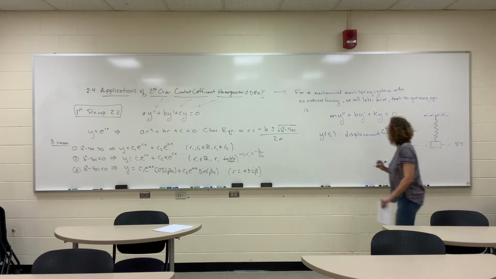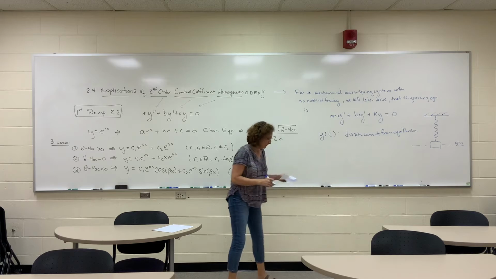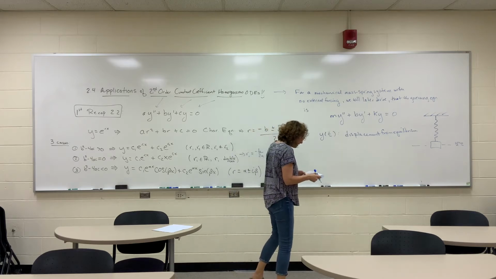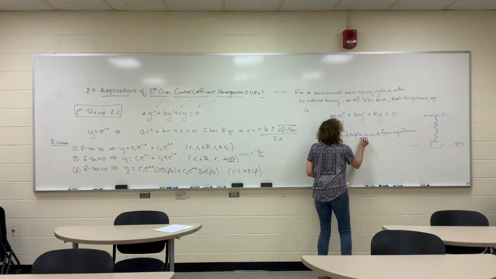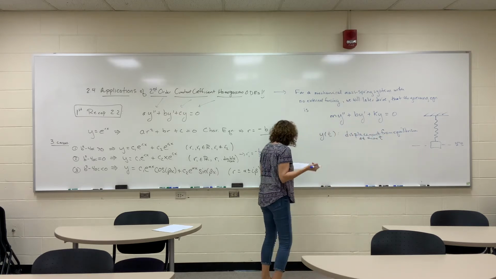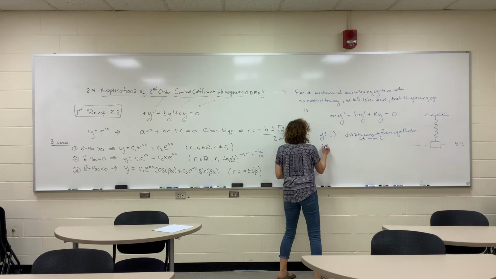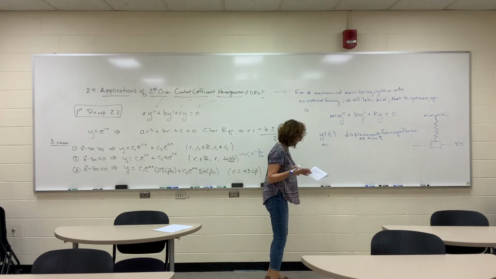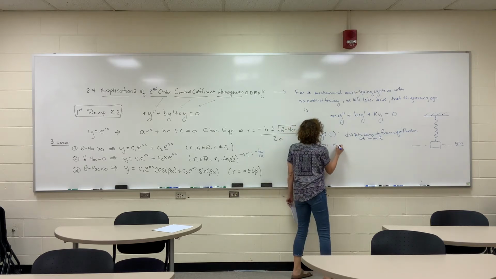So y of t is telling you displacement from equilibrium at any time t. So what is m? You might guess. Good, m is the mass of the object.